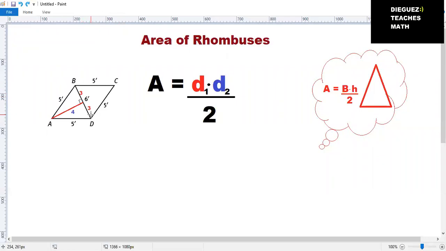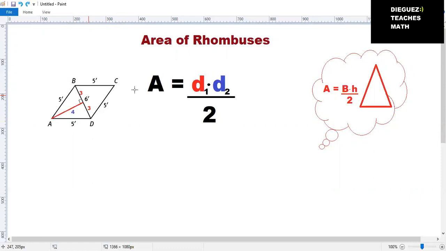We get a triangle here, an isosceles triangle, and this one over here is also an isosceles triangle. Both of them are sharing BD, so they are congruent, meaning they have the same area as well.